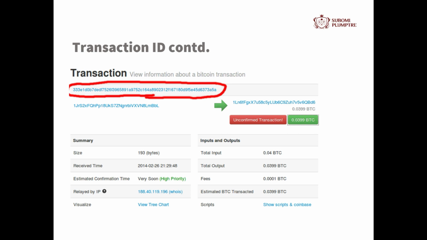So if you refresh and come back in say 15 minutes, a lot of transactions would have gone through at that point, because when there's huge traffic on the network, it takes longer for transactions to be confirmed, and you usually pay a higher transaction fee when the network is dealing with huge volume.